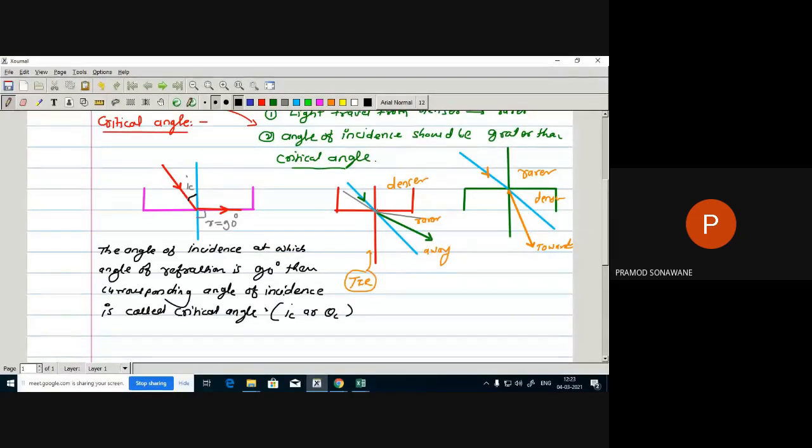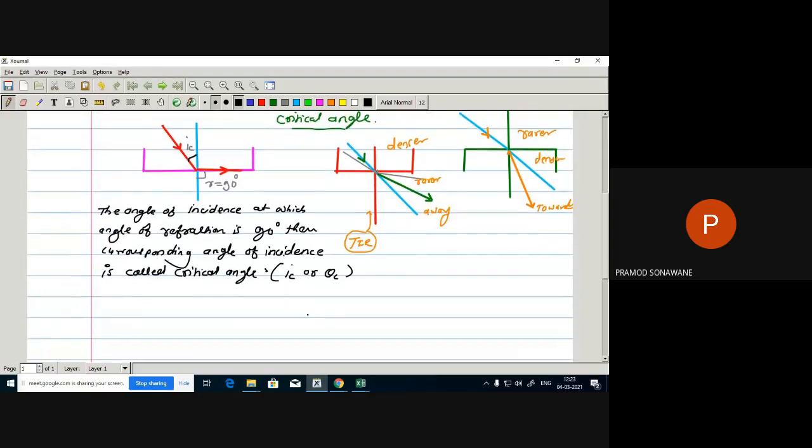So this is the first case. Then what happens if we incident the light beam at an angle greater than the critical angle?